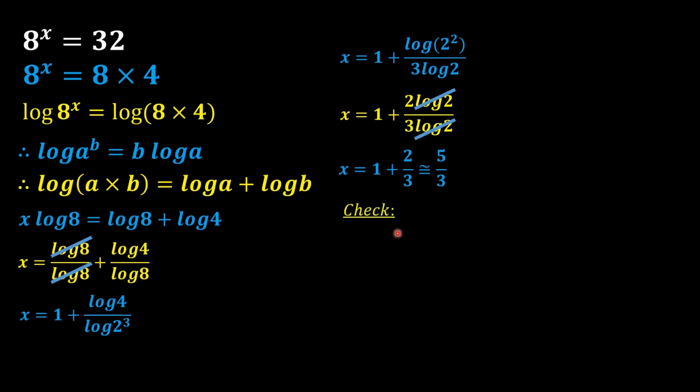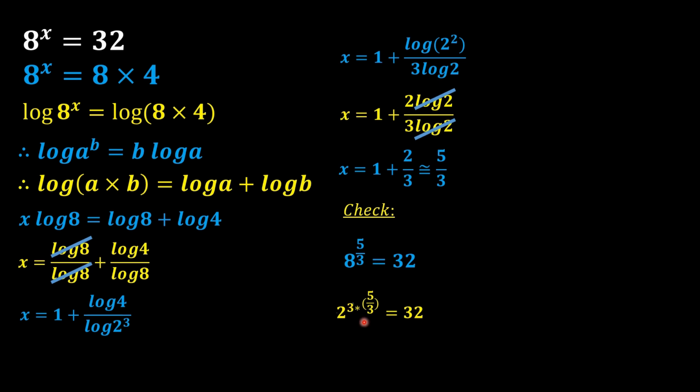Now we should check the value x is equal to 5 over 3 for this equation. We should replace this x with 5 over 3. As a result, we should get 8 to the power 5 over 3 equal to 32. Now this 8 can be written as 2 to the power 3, and the power 5 over 3 will remain the same.